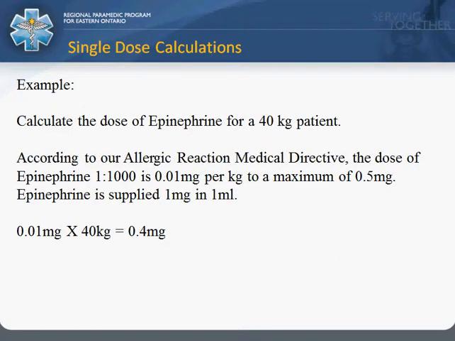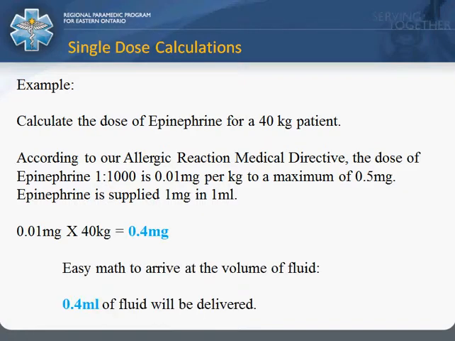So let's figure out our drug first, the weight of drug we want to deliver. Right out of the protocol, 0.01 milligrams times our patient weight, which is 40 kilograms. That should equal 0.4 milligrams of epi 1 to 1000 to give to that patient.